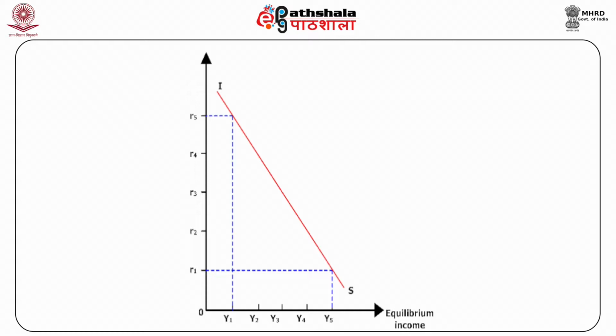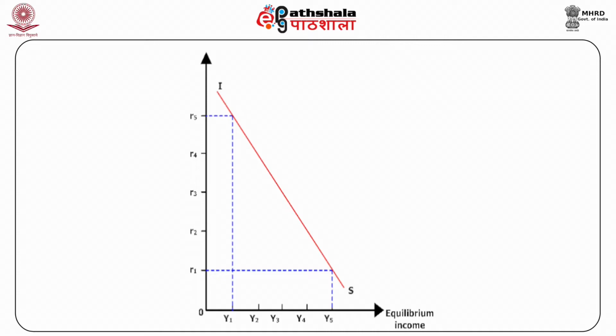R5 is an arbitrarily chosen rate of interest which is quite high. And at this high rate of interest, suppose we choose arbitrarily another savings function which corresponds to the income level Y5, that is S5 Y5. Then at this high rate of interest R5, since we are considering the income to be very high, we would now like to examine and see whether this is logically possible.